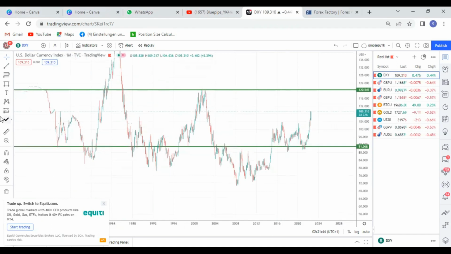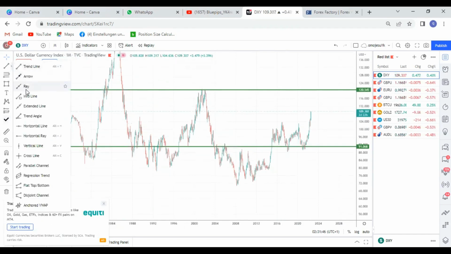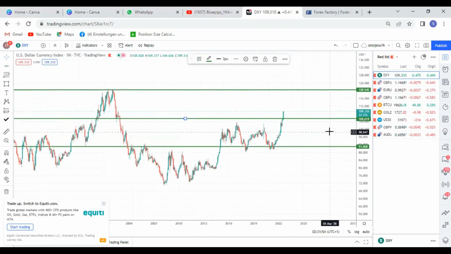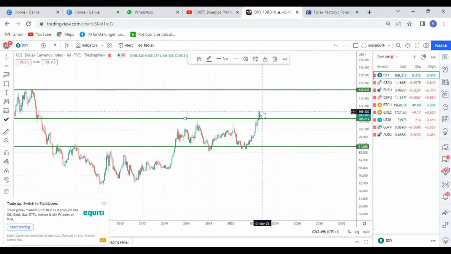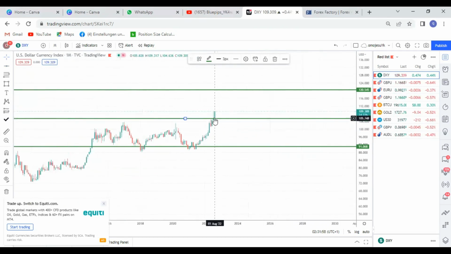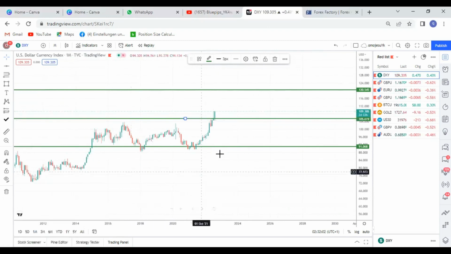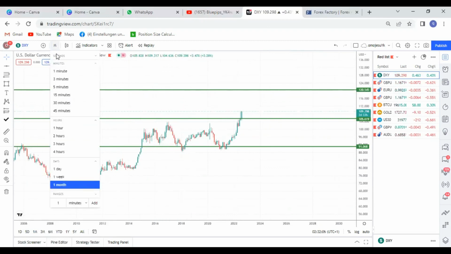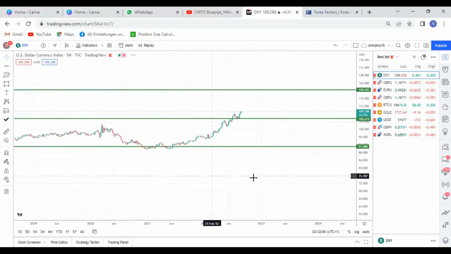That's another resistance which the market broke recently here. It broke this, recently reacted to it, and now we have a breakout since the beginning of this month. So now let's go to weekly and see what's going on.